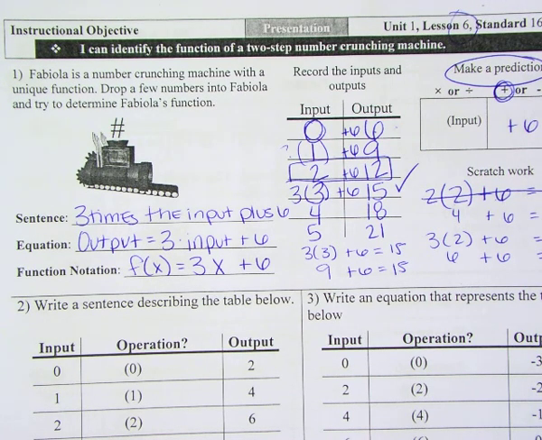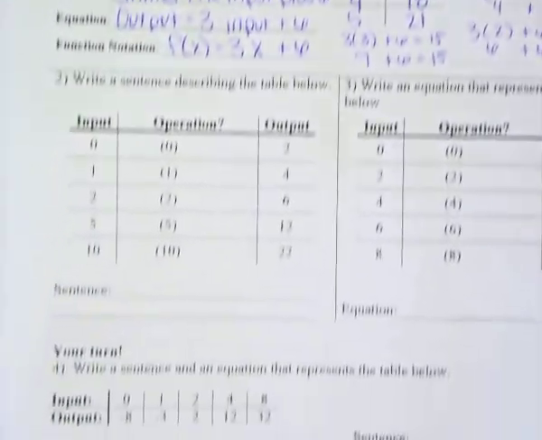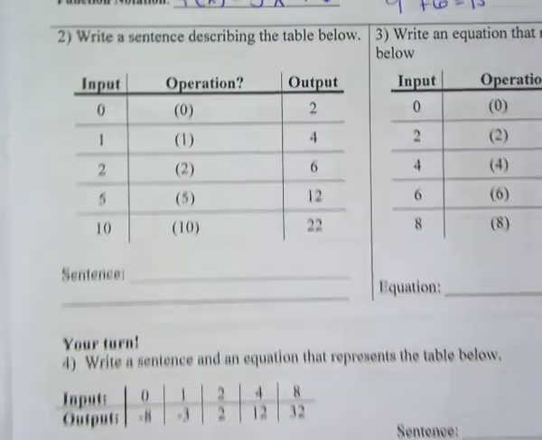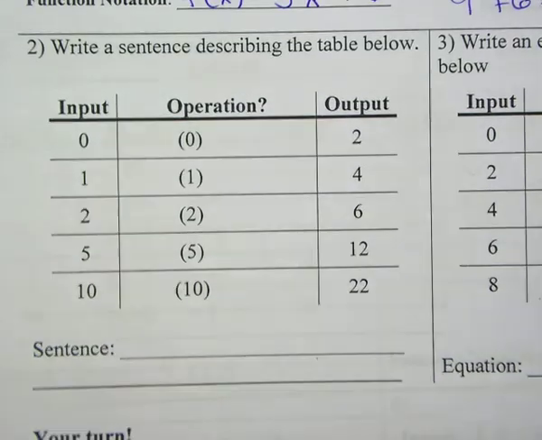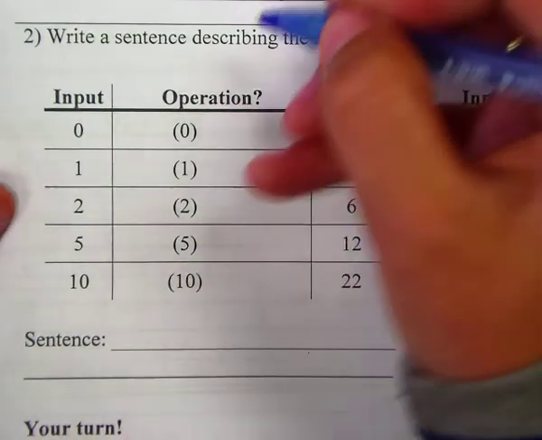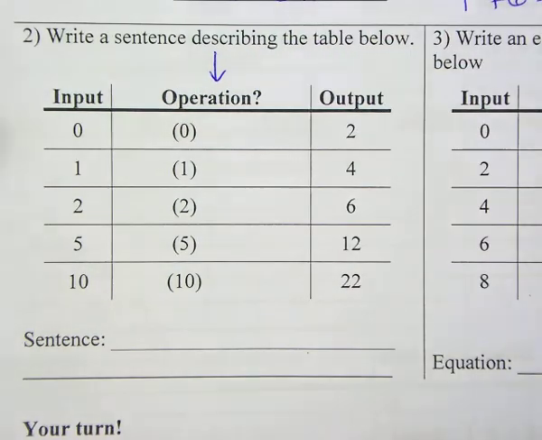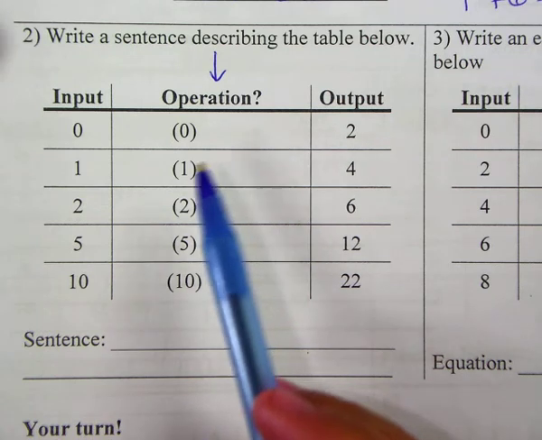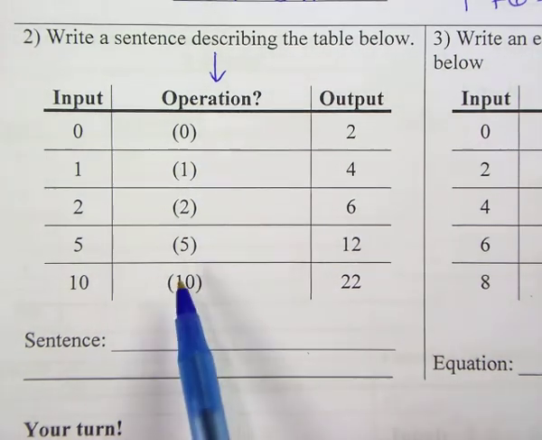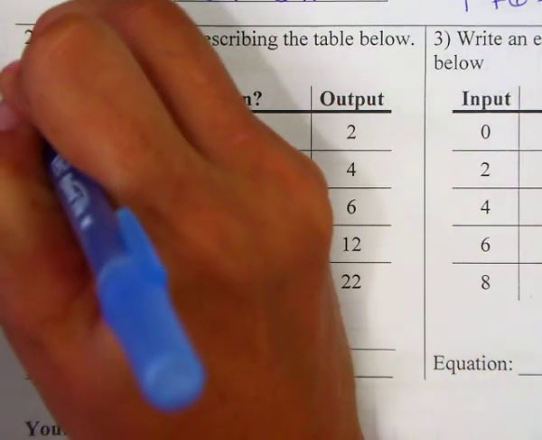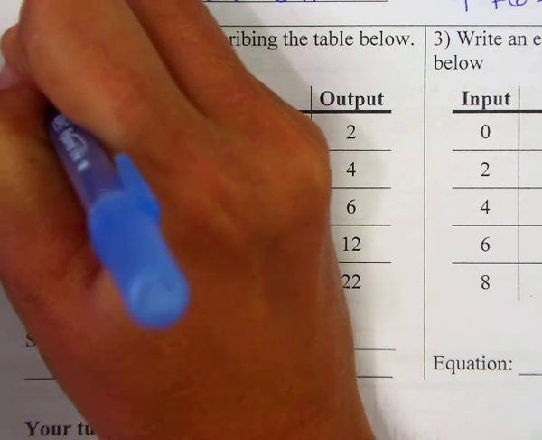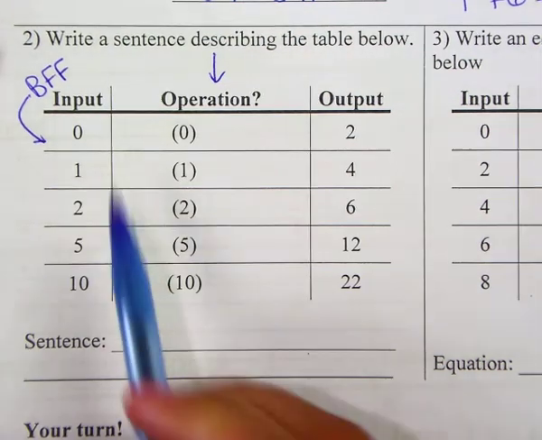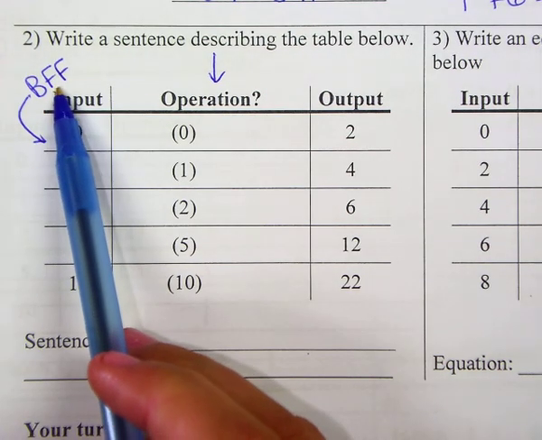We're going to go ahead and do 2 more examples. Here we go, number 2. We have this input-output table, but notice this column is new, right? This column was not here before, but I went ahead and added it in to help us do scratch work. Now 0, this is going to be your BFF. This is going to be your best friend forever.